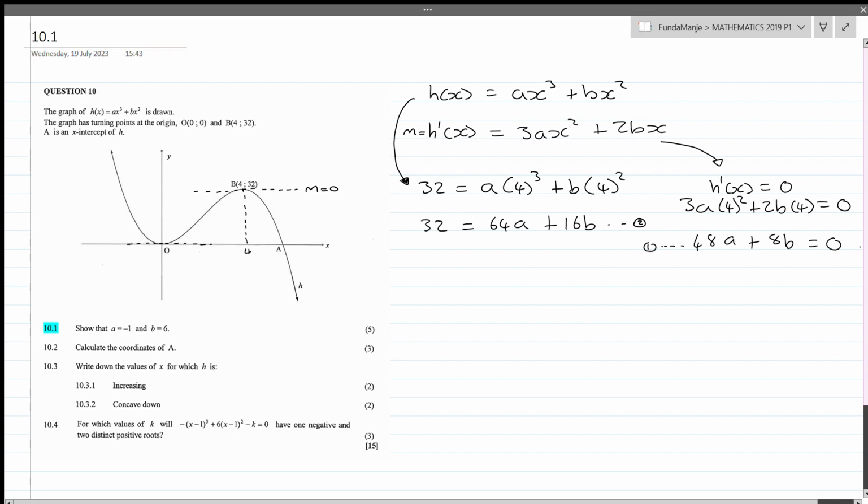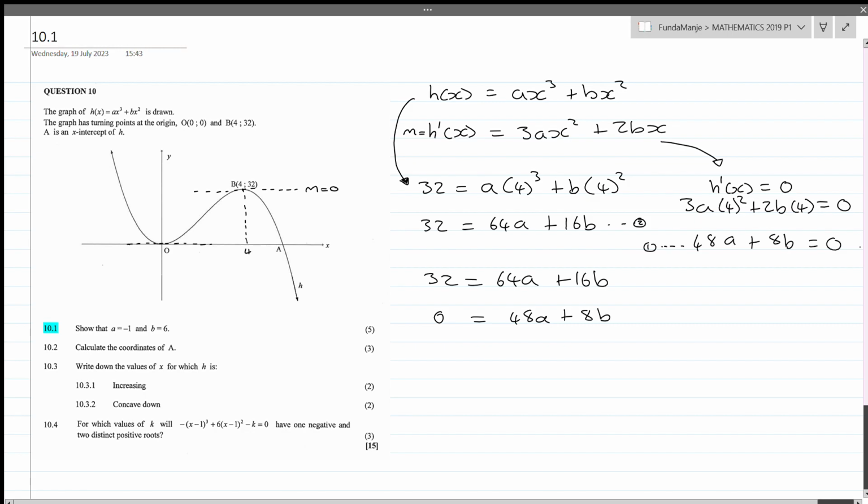It is up to you which formula you would like to use in order to solve this problem. The simplest one that I can see, since 16b is a multiple of 8b, is to write 32 is equal to 64a plus 16b, and then rewrite the other equation underneath it: 0 is equal to 48a plus 8b.